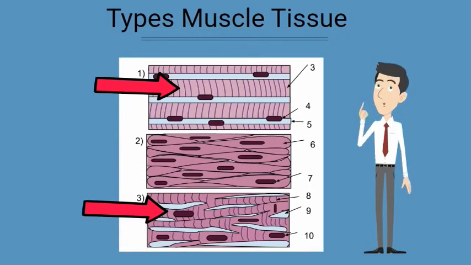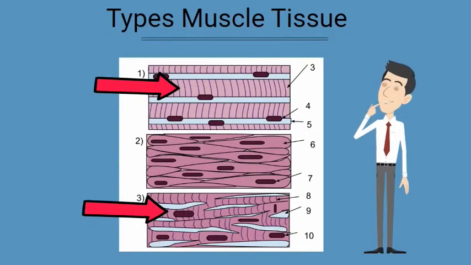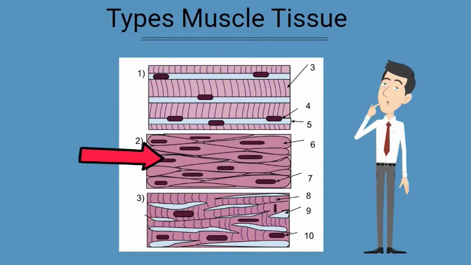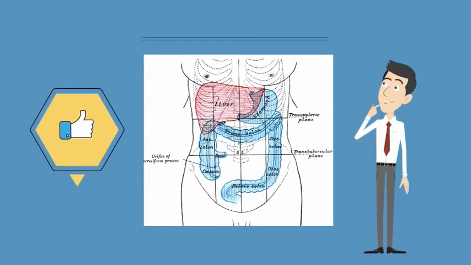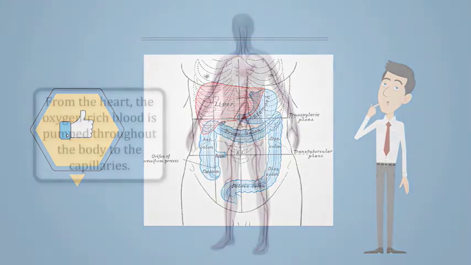You can see these stripes of myofilaments in the pictures. Smooth muscles do not have this arrangement of myofilaments. Smooth muscles are found inside the digestive tract and inside veins and arteries. Take a look at these smooth muscles, helping to move blood throughout the body.